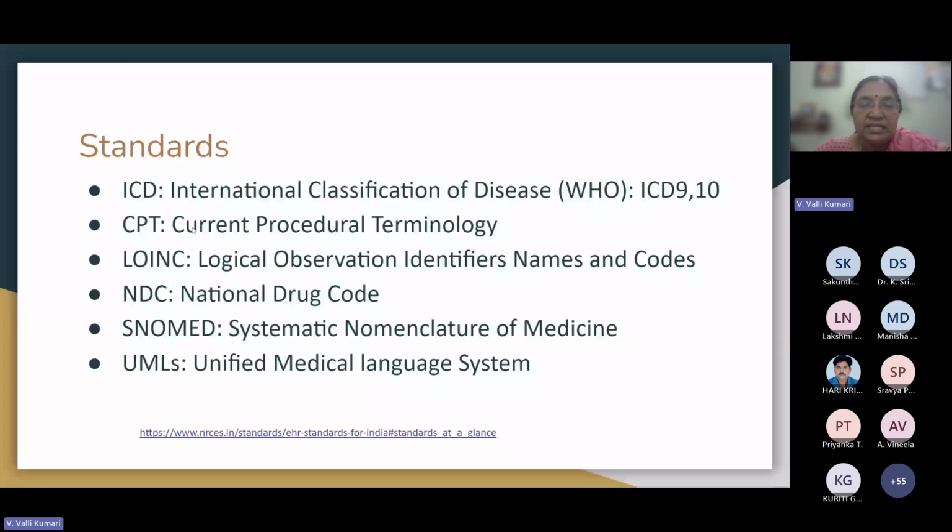CPT is the Current Procedural Terminology. LOINC is Logical Observation Identifiers Names and Codes, like we have seen in the patient identifier. For drugs, you have a standard for generating codes, the National Drug Code. SNOMED is the Systematic Nomenclature of Medicine. And UMLS is the Unified Medical Language System.